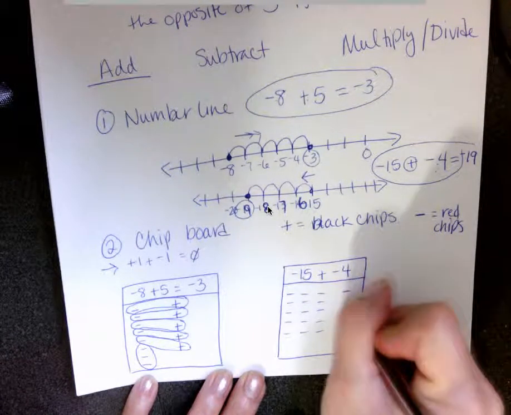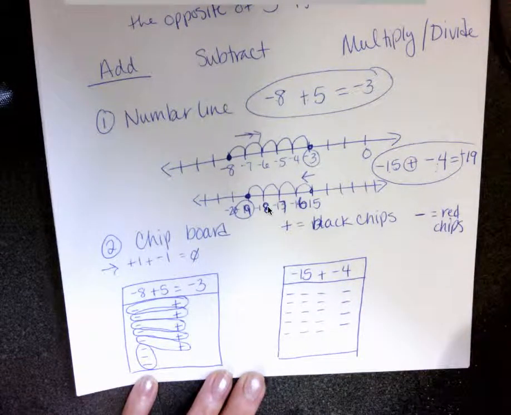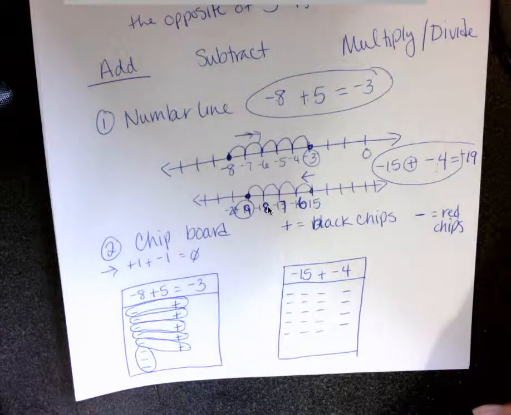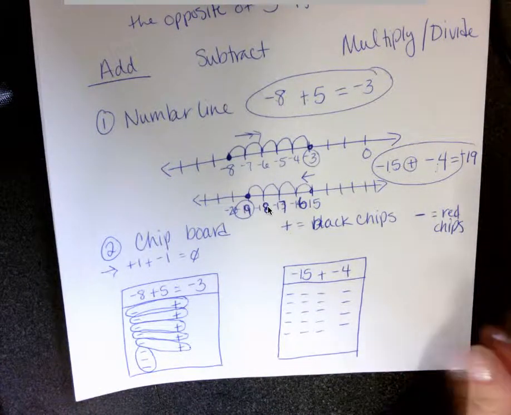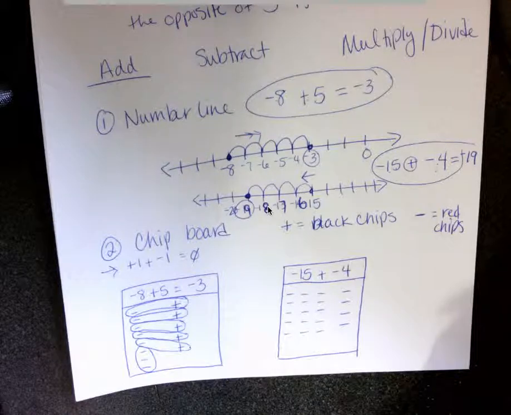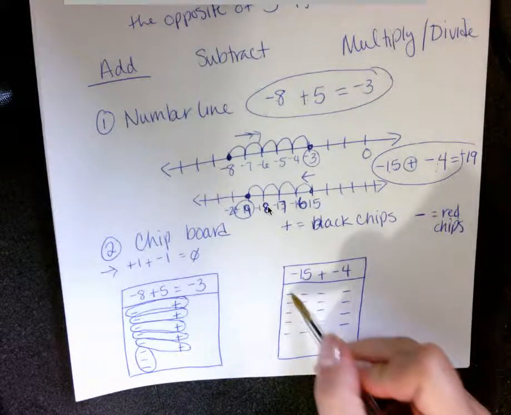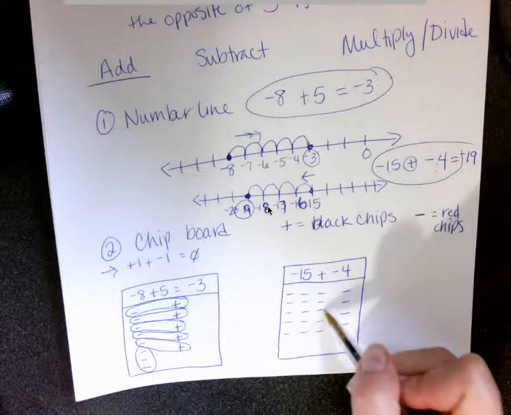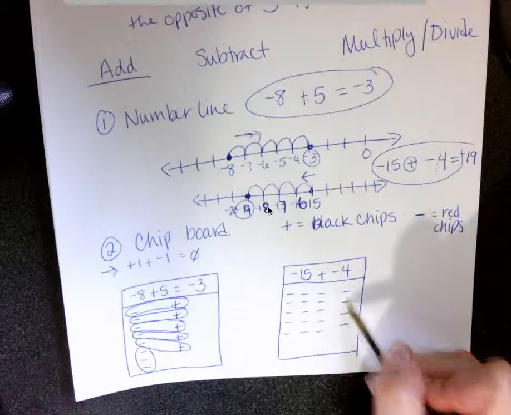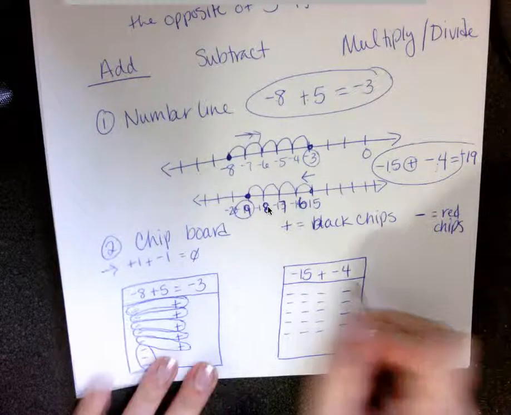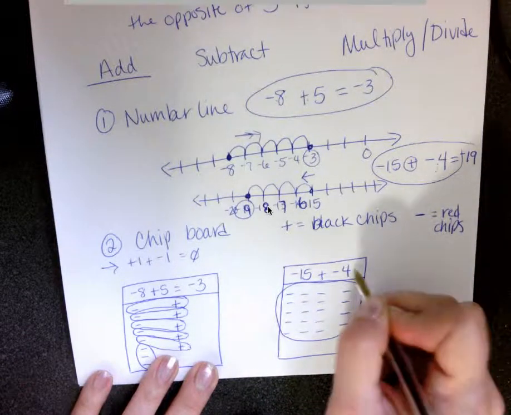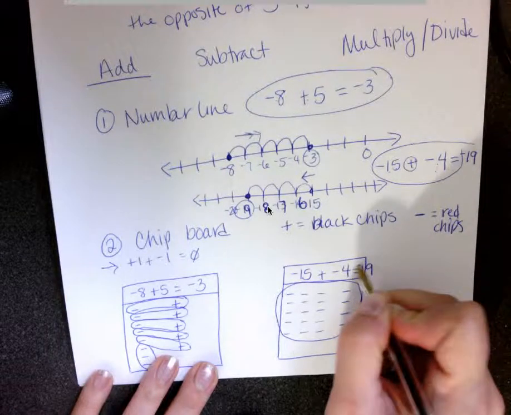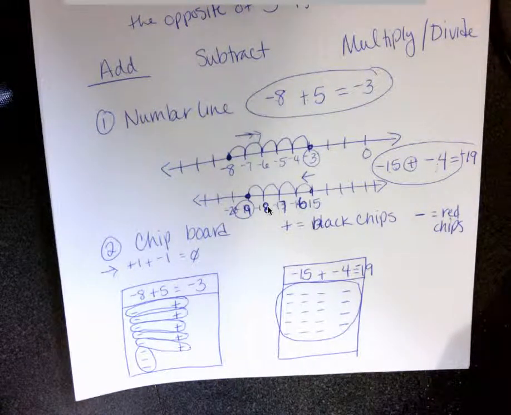So 1, 2, 3, 4. Do I have any zero pairs or any of the positive and negatives that I can put together and cancel? I don't. So now I just need to count what's there. 1, 2, 3, 4, 5, 6, 7, 8, 9, 10, 11, 12, 13, 14, 15, 16, 17, 18, 19. All together, I get 19 negative chips. All right.